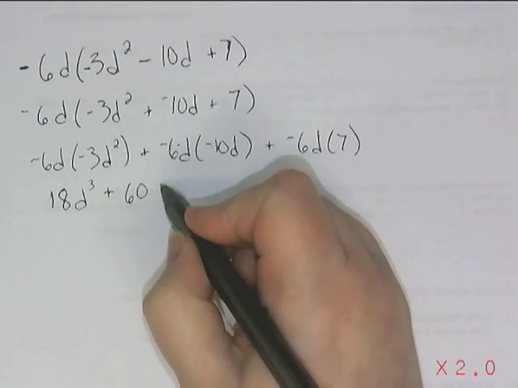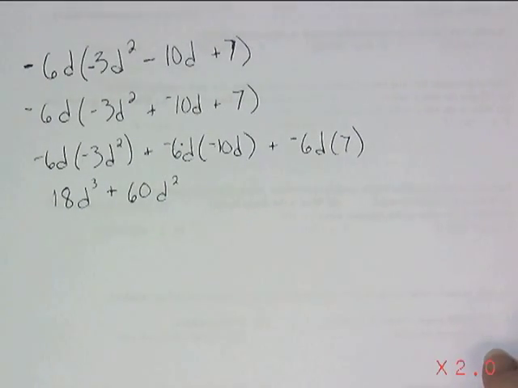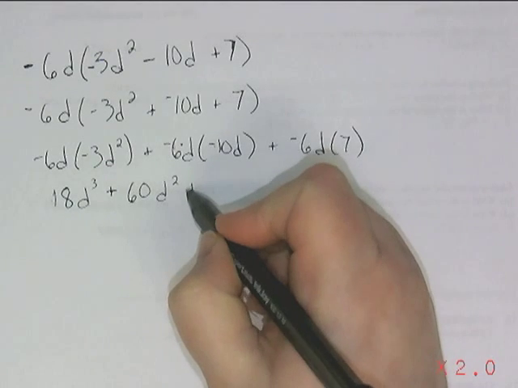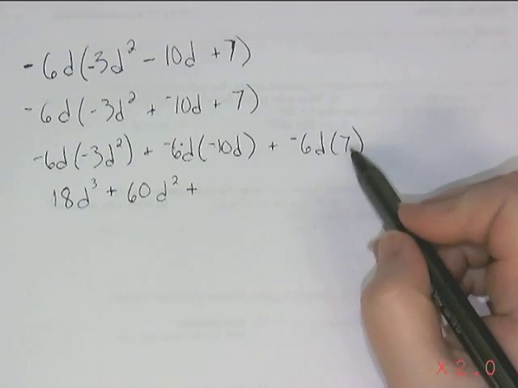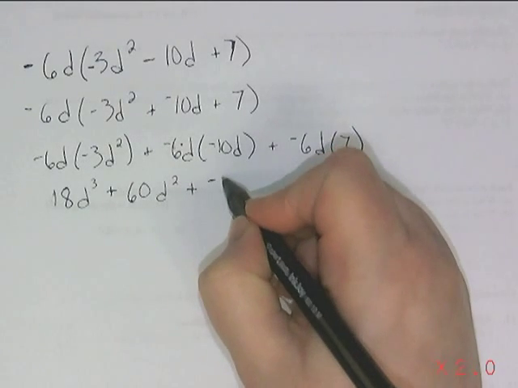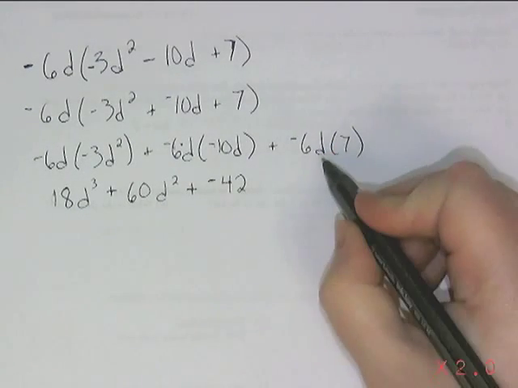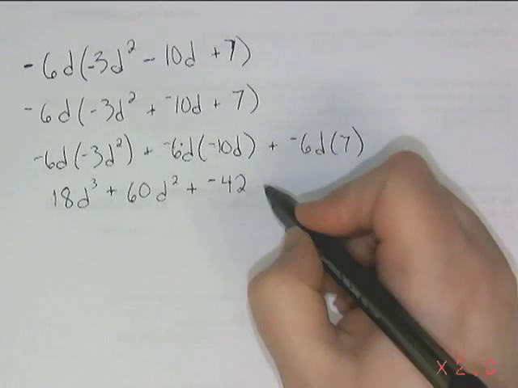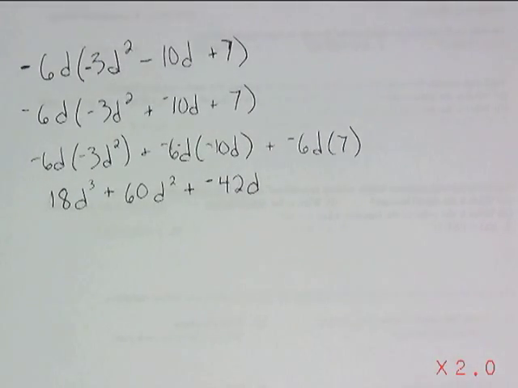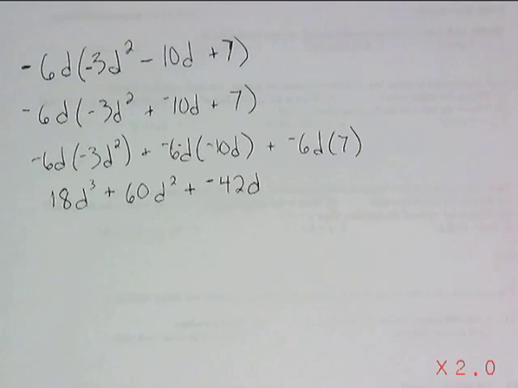D times d, d squared. Write my addition sign down. Negative 6 multiplied by positive 7 is a negative 42. Since this term has a d, although there are no other variables to multiply, I still have a d in my final term.